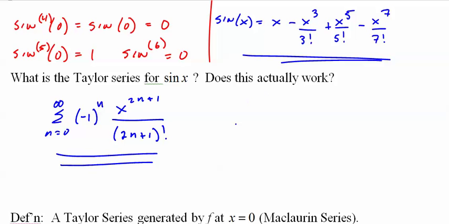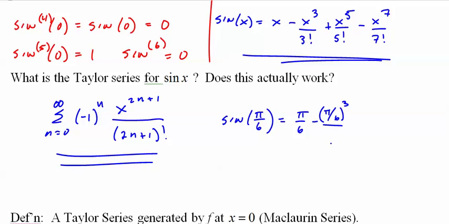Now the question is, if I put in sine of radians pi over 6, which is between negative 1 and 1, and then I put in pi over 6 minus pi over 6 to the third over 6.